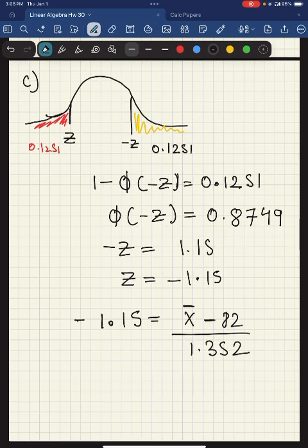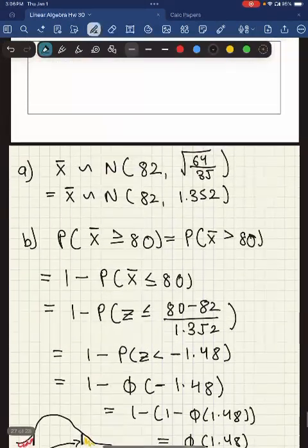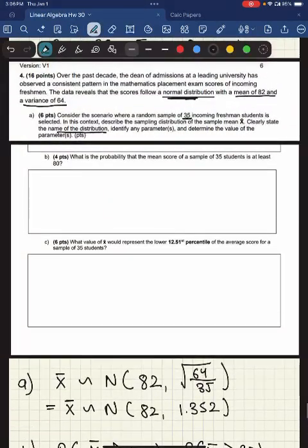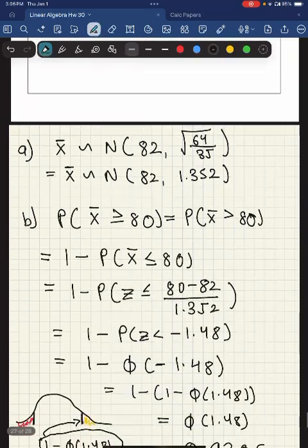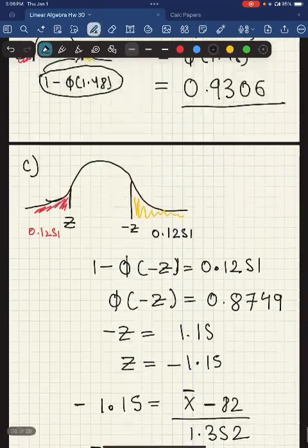We solve for this and we get x bar equal to 80.4452. They haven't mentioned how many decimal places, so we will leave it at 4 decimal places. And these are all three of our answers. Thank you.